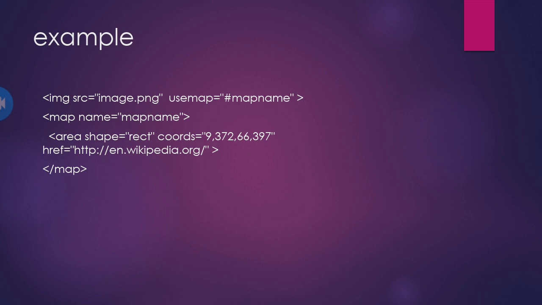If you use the name Rahul in the usemap with the hash symbol, #Rahul, then in the second line you have to write Rahul, because usemap and map name must be the same. Now look at the third line.